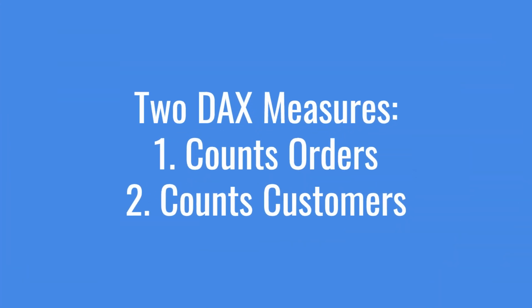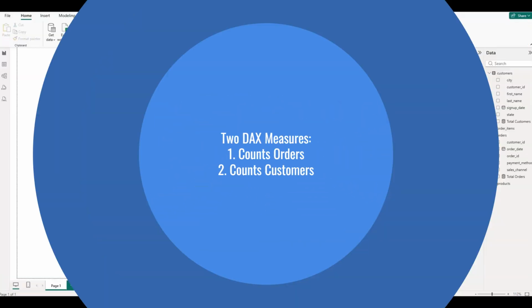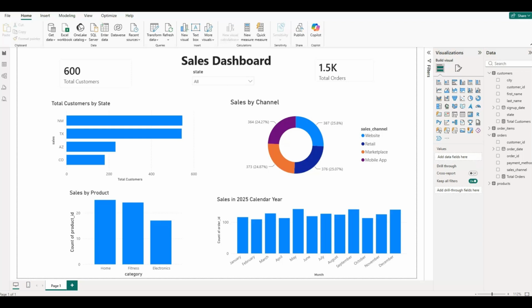One counts our orders, the other counts our customers. And because they're measures, they automatically update whenever we filter our report. Today we focused on creating simple measures using the count function. In the next lesson, we'll build on this by learning functions like sum and average, and we'll start creating business metrics that analysts use every day.